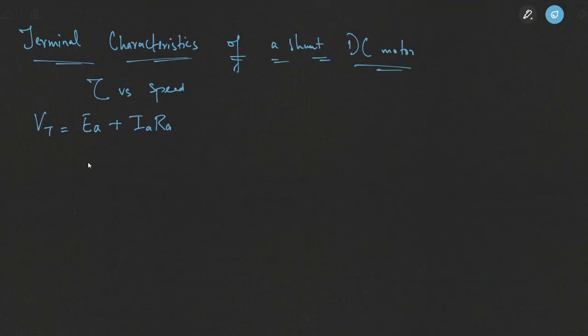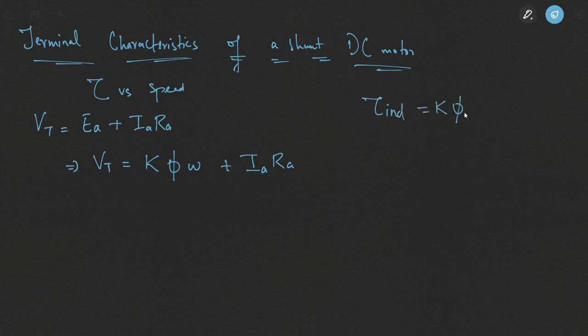Now we know Ea is equal to k phi omega, therefore Vt can be written as k phi omega plus IaRa. Also we know torque induced in a machine is equal to k phi Ia.